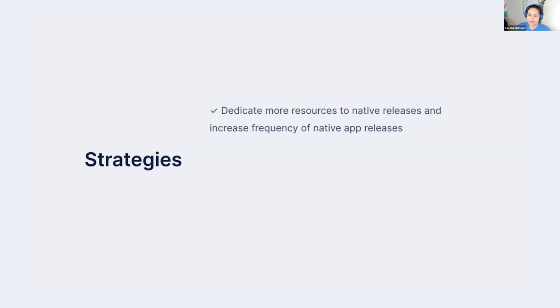We have seen teams that release at a cadence of a couple of times a week, though that's dependent on App Store approval. If you are able to improve the frequency of native app releases, that can make the releases smaller and more efficient. However, that may not be the most realistic strategy for your organization.